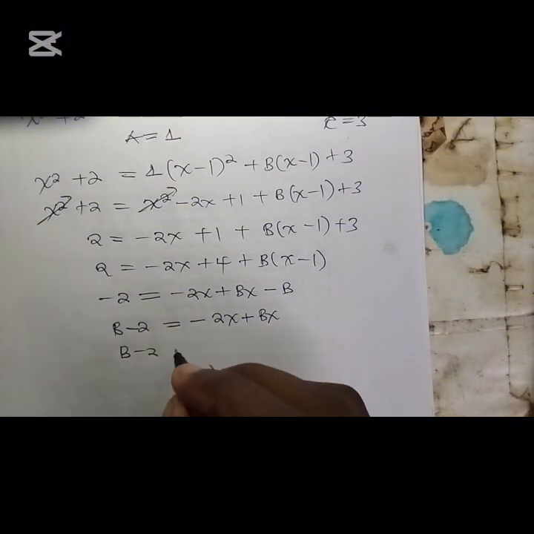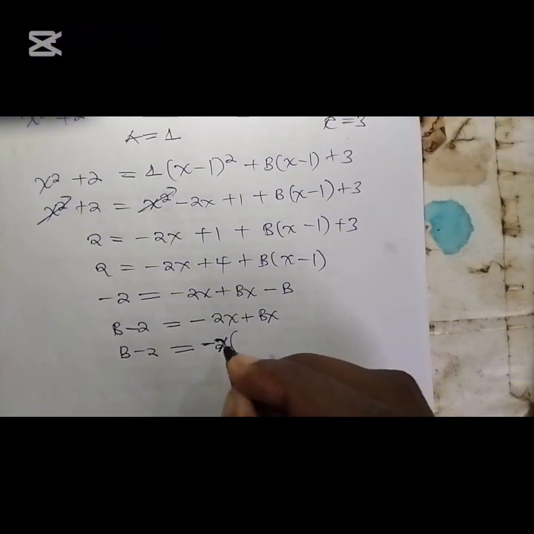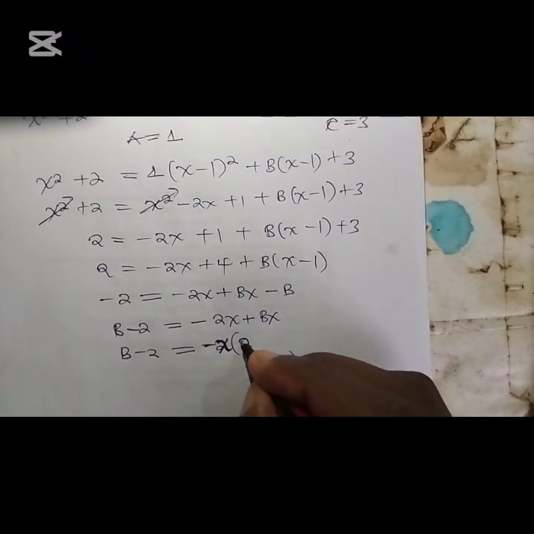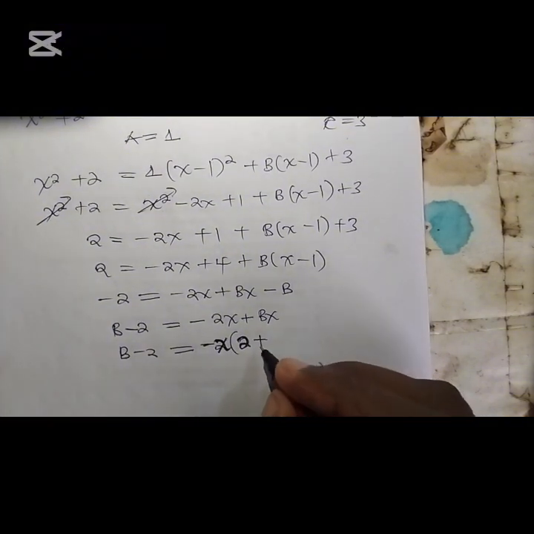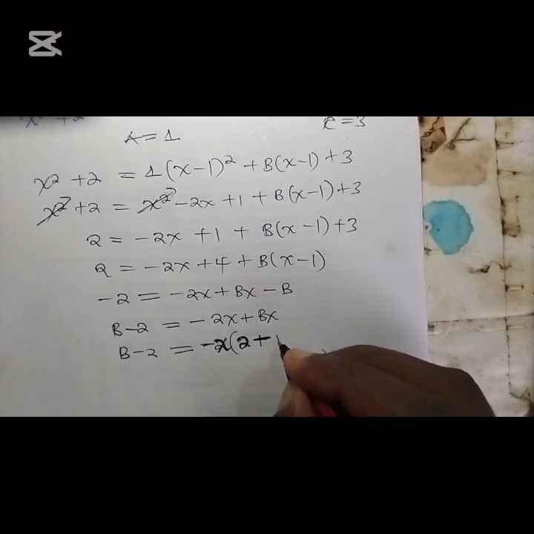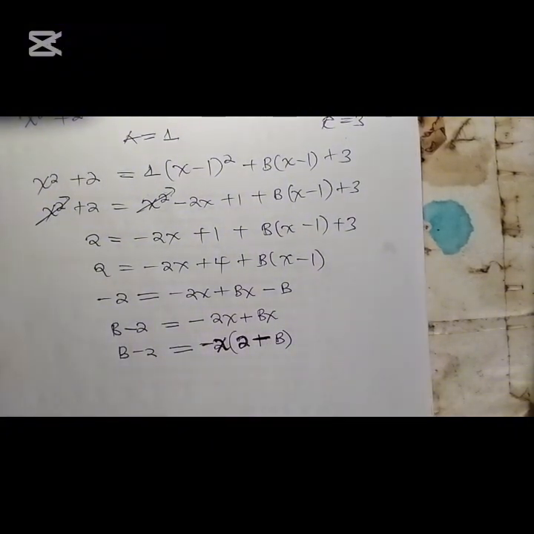All right, then from there now we say b minus 2 is equal to negative x, then 2 minus b, like that. Okay, 2 minus b, like that.